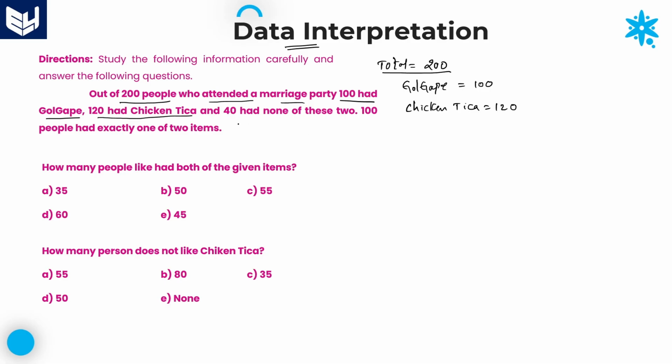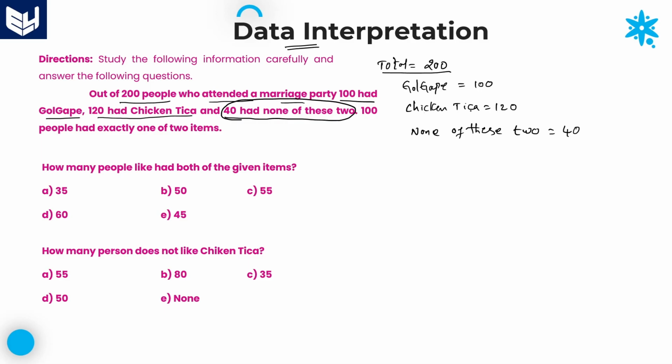And one more value is given: 40 had none of these two. This is very important. 40 members had neither Golgappa nor chicken tikka.